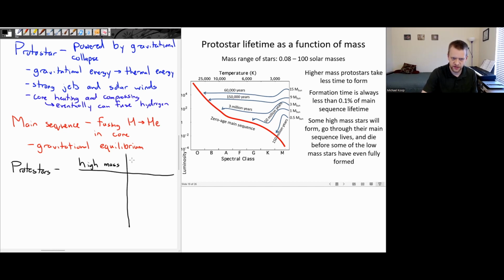Let's do this side by side. So high mass stars form quickly. Low mass stars form slowly. Basically the same kind of pattern that we talked about for the main sequence lifetimes. High mass main sequence stars are going to last only a relatively short time. Low mass main sequence stars are going to stick around for a lot longer.